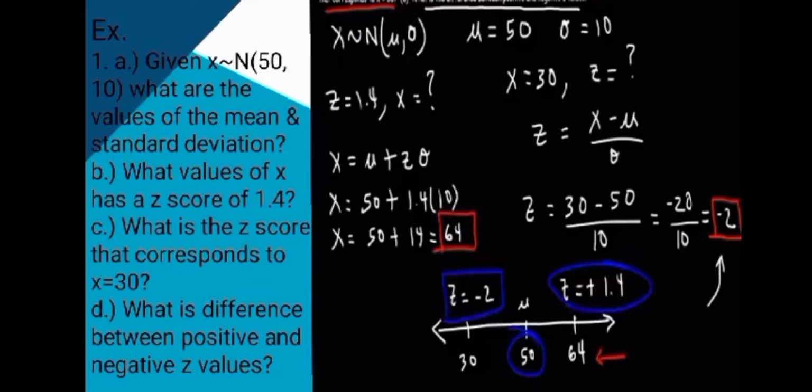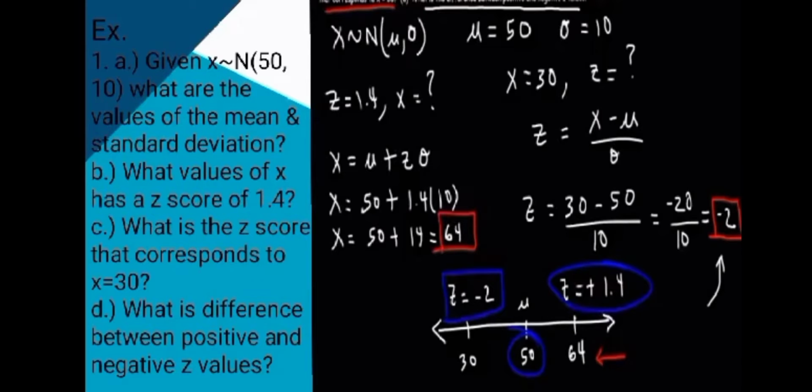What is the z-score that corresponds to x equal 30? What is the difference between positive and negative z values? So, z equal 1.4, x equal question mark. x equal 30, z equal question mark.